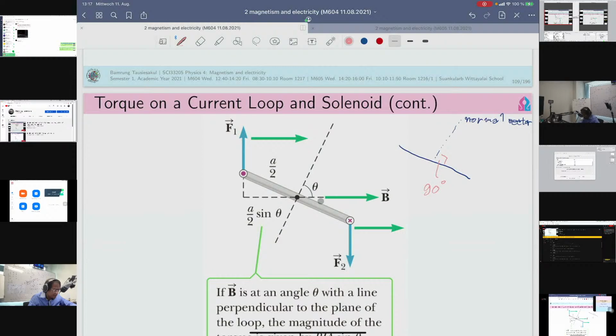The next thing is I, right? This is quite simple, the most understandable quantity. It's the current, and the unit of the current, of course, is the ampere. I is the current flowing in that conductor.